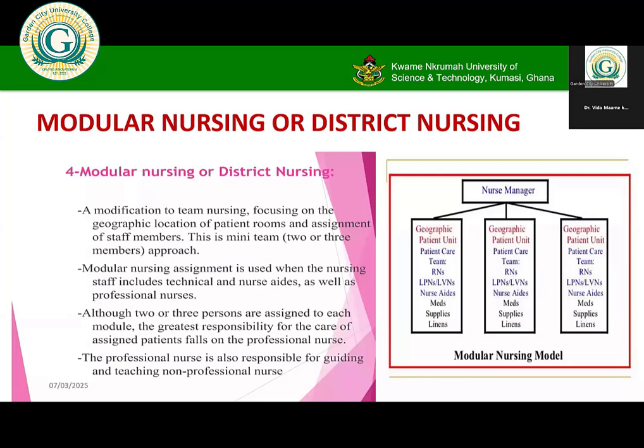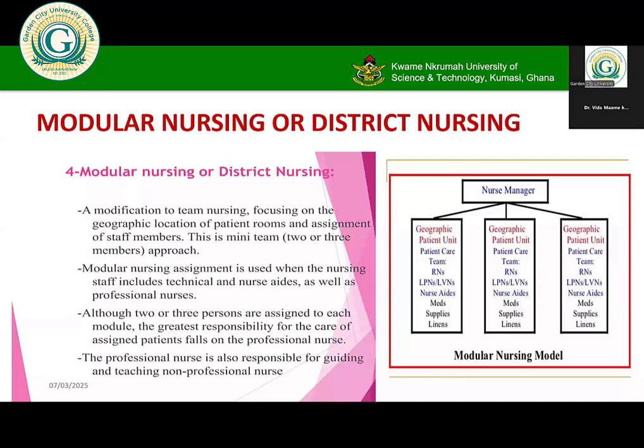The modular nursing assignment is used when the nursing staff includes technical and nursing needs as well as professional nurses. So it's a kind of modification of team nursing. Although 2 or 3 members are assigned to each module, the greatest responsibility for the care of assigned patients is under the professional nurse.